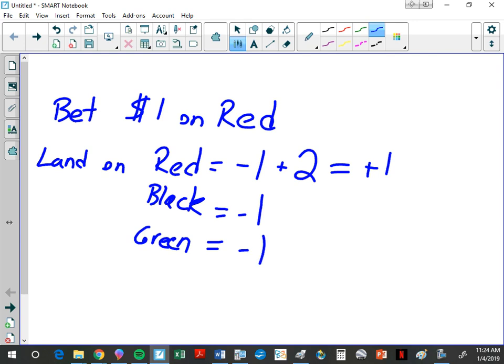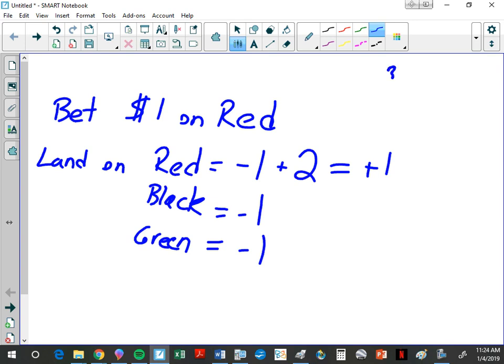All right? How many red squares are there on the table? So there are 37 squares. So this is European.